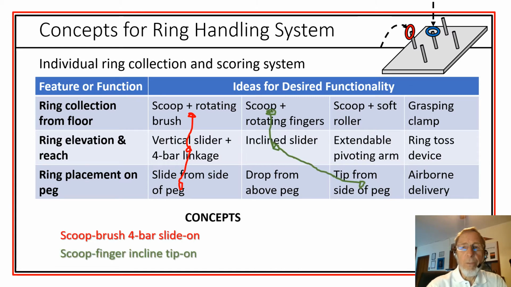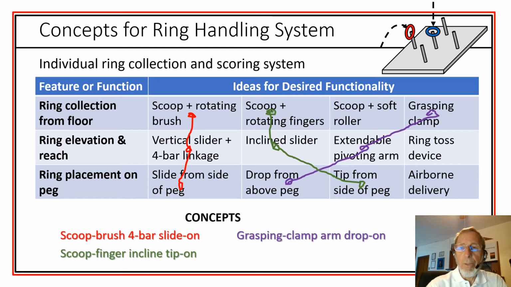The second one might be using the scoop with rotating fingers to assist it, now using an inclined slider to position, and then tipping onto the peg from the side.